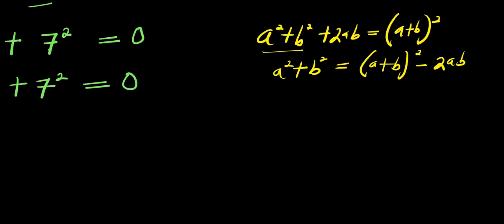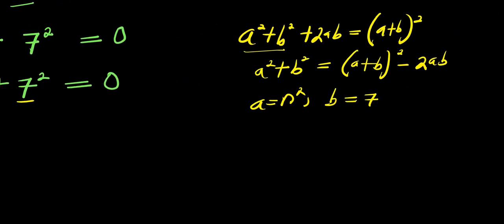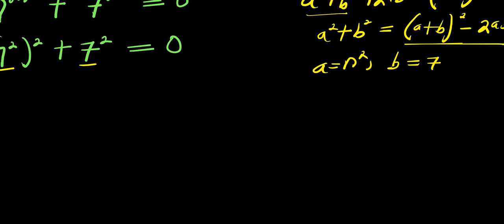So going by that, in this particular case, the n squared here is our a and the 7 is our b. So we are going to express it using this identity, a plus b power 2 minus 2 times ab. So we simply have for a plus b, our a is n squared plus 7, that is a plus b.